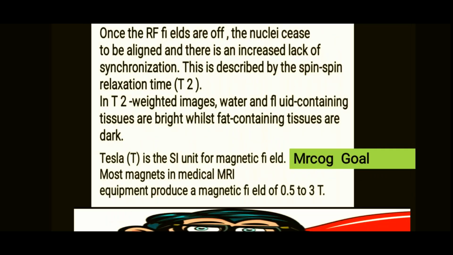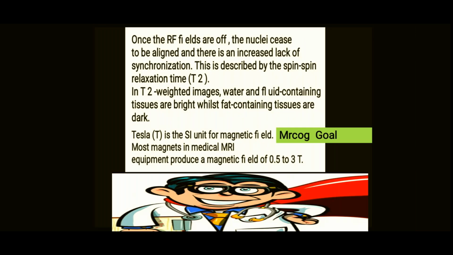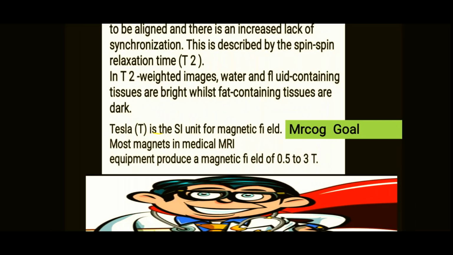So once the RF fields are off, these nuclei cease to be aligned, and there is increased lack of synchronization. This is described by the spin relaxation time, that is T2. Now, what are the T2 images?